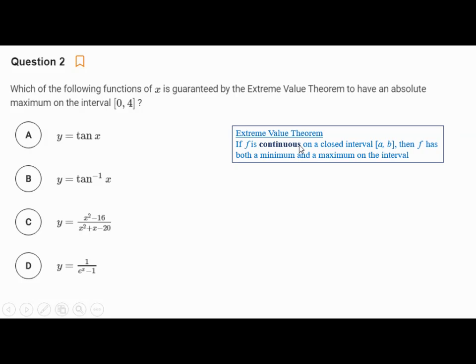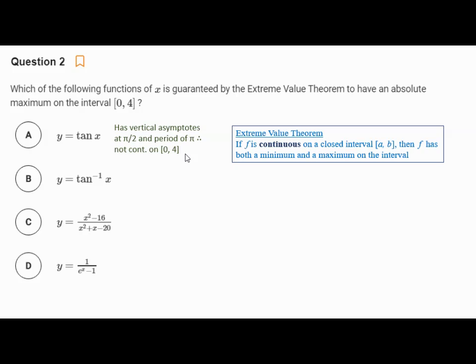So if it's asking for an absolute maximum, then you would want to go through each one of these and just make sure that it's continuous. If I go to A, tangent x has vertical asymptotes at pi over 2, and it has a period of pi. So the next vertical asymptote would be at 3 pi over 2, 5 pi over 2, and so on as you continue to positive infinity.